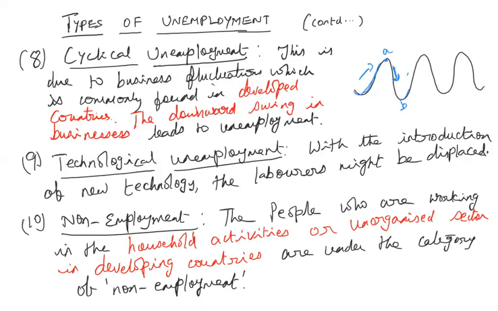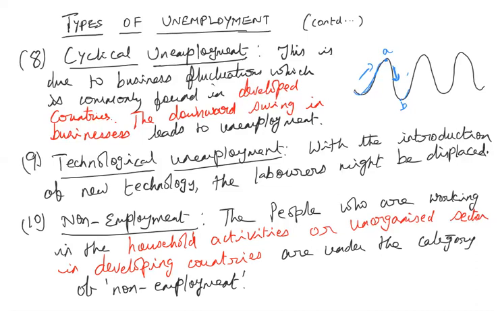Whereas when you take developing countries like India, we are having so many other types of unemployment. In the urban area, we are having open unemployment, educated unemployment, and structural unemployment. In the rural area, we are having disguised unemployment and seasonal unemployment.